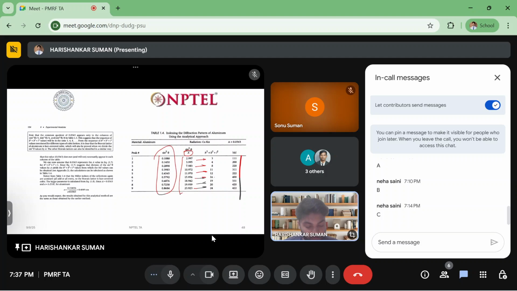So this is the question for you. Please note it and calculate these parameters. Please note, this is homework for you.